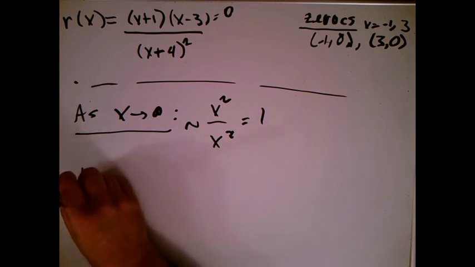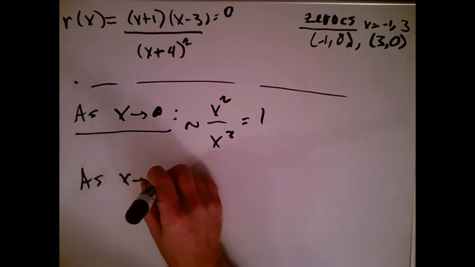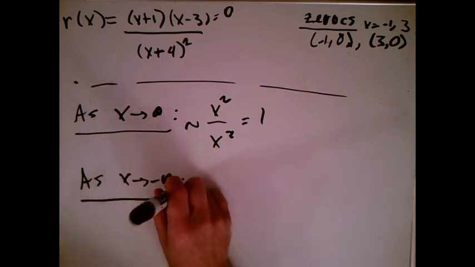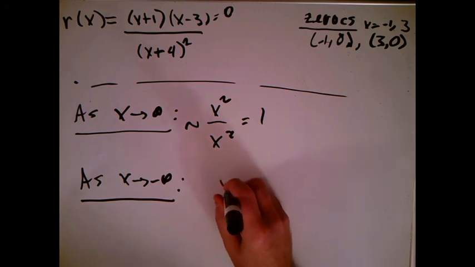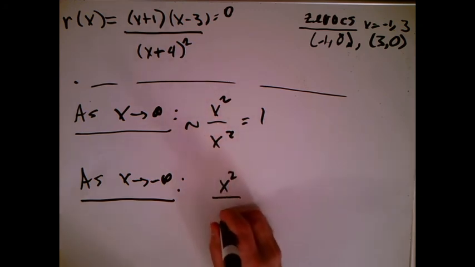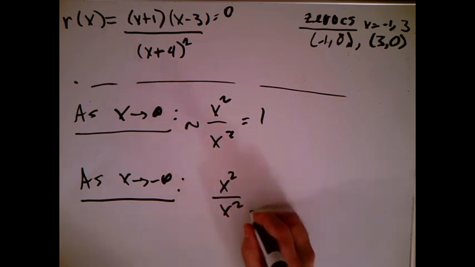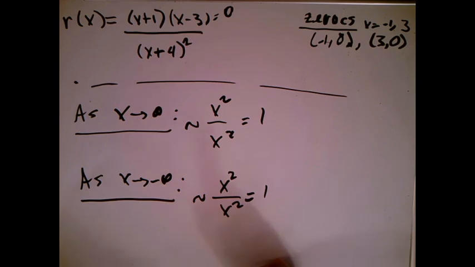How much different is it if we look further and further to the left? Well, I'm supposed to look at the dominant term on top. If I multiply the top, I'm going to get x squared just like before. If I multiply the bottom, the biggest term is going to be x squared like before. So I'm going to put a little squiggle here for approximately equal to. And that says, way to the right and way to the left, the y values are very nearly 1.